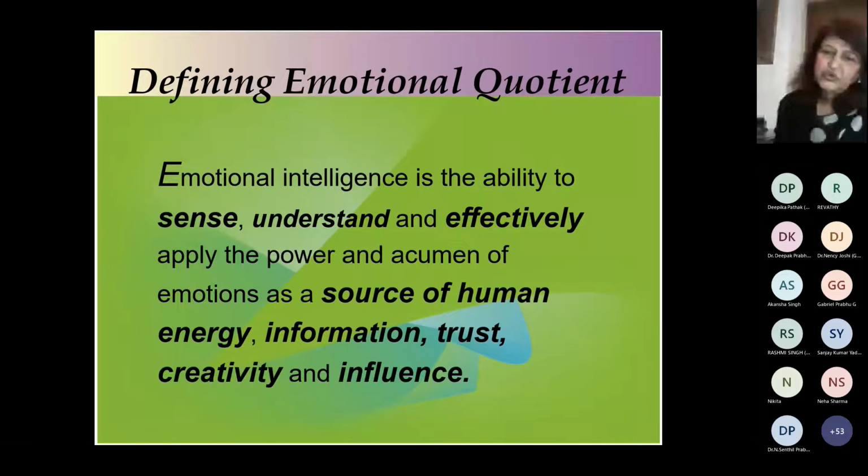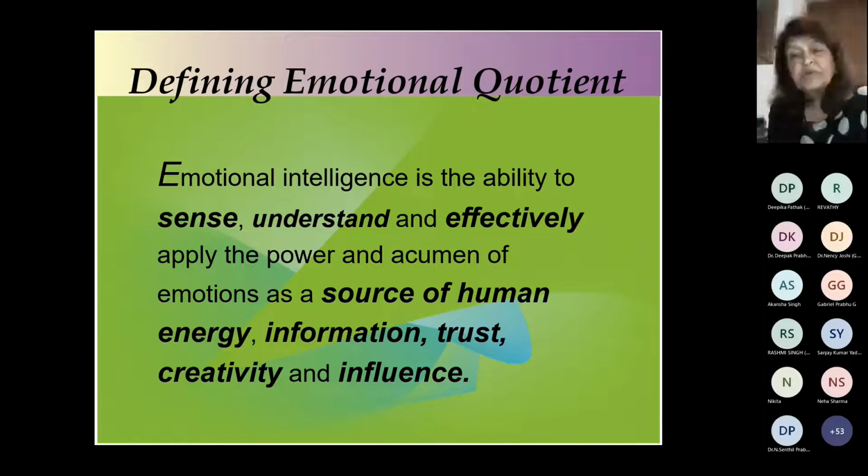It is our ability to connect, to understand our emotions and the emotions of others. And we use this power as a source of human energy and make it a synergy. We use it as information and trust, and we influence people with it. We become powerful.